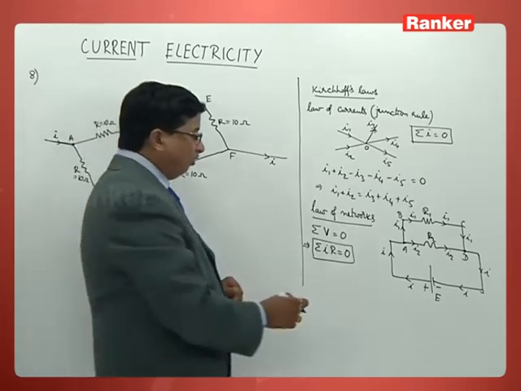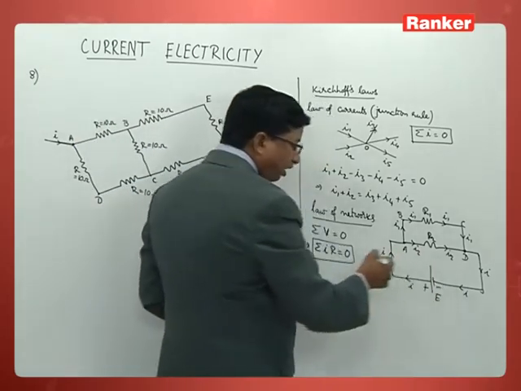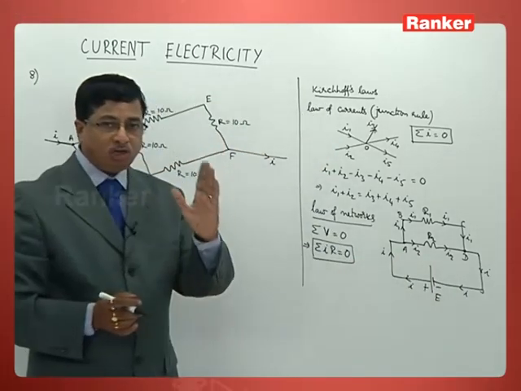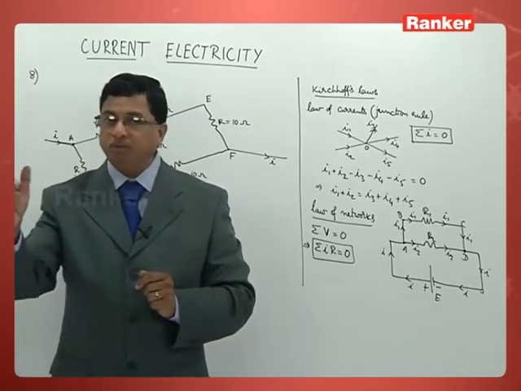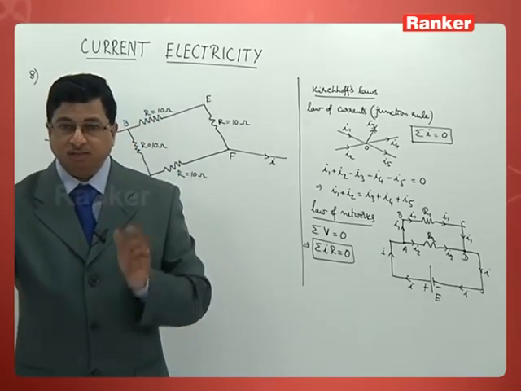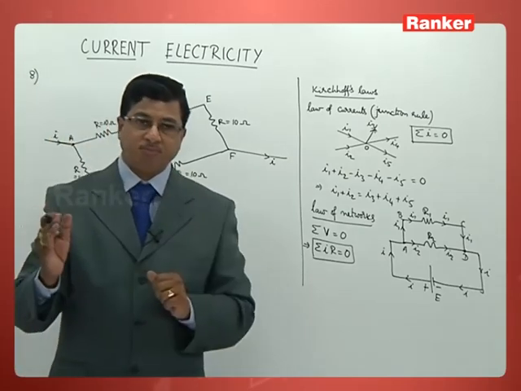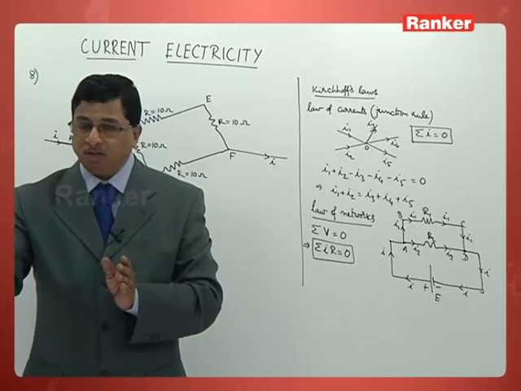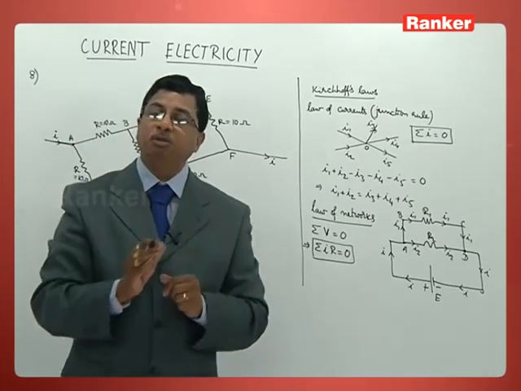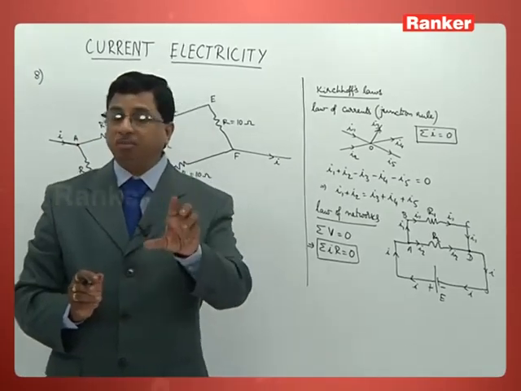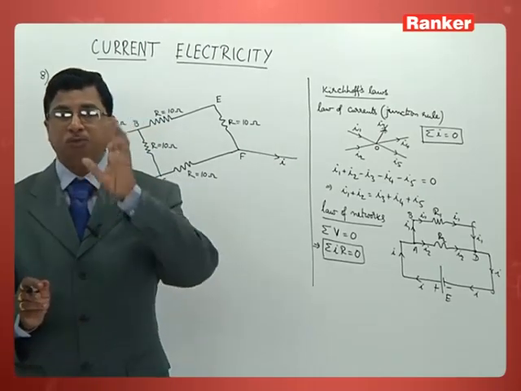Another thing, while moving across a cell, from negative terminal, if you are moving towards positive terminal, then that EMF should be taken positive. From positive terminal, if you are moving towards negative terminal, then that EMF should be taken negative.